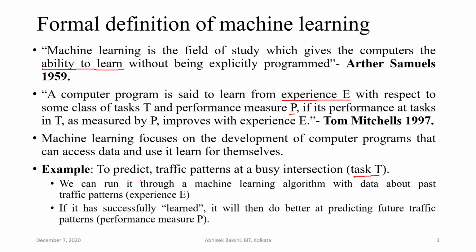Previous traffic patterns means, consider a particular junction, and we have various ways to go from the junction. Now throughout 2, 3 junctions, what is the time when the traffic pressure is very high, what is the time slot when the traffic pressure is very low, what is the time when the traffic pressure is medium.